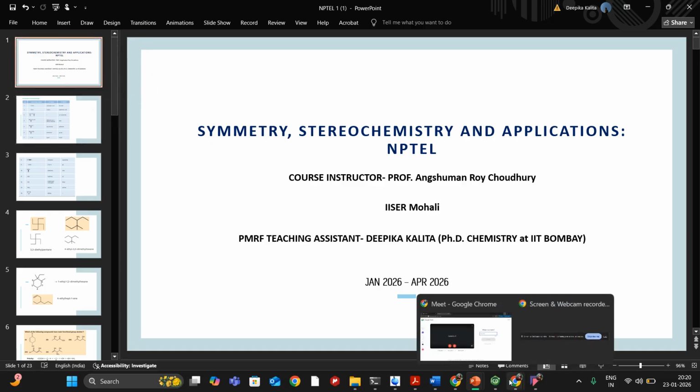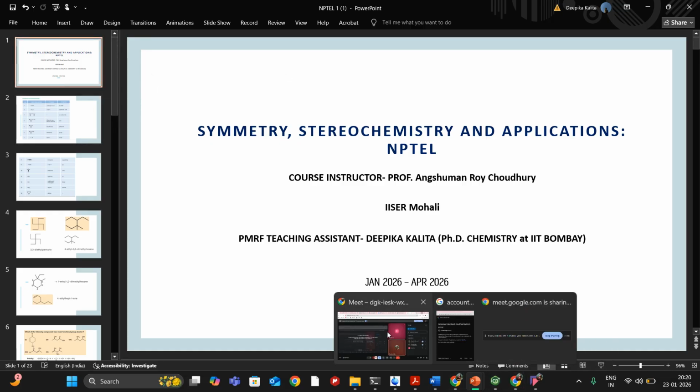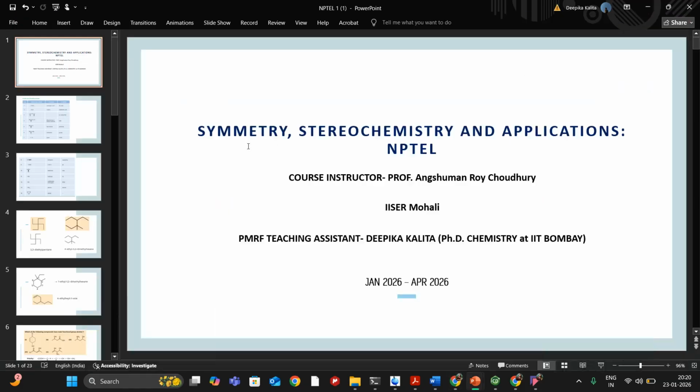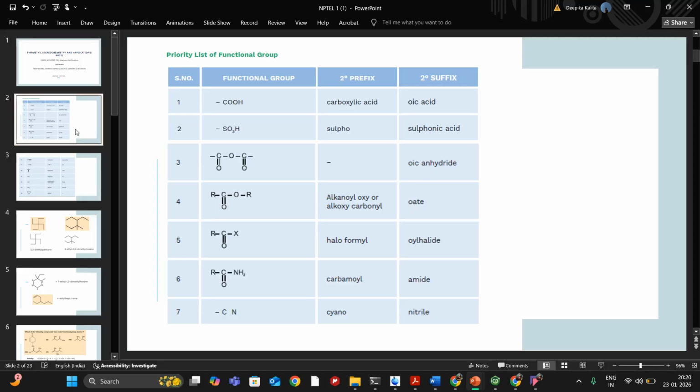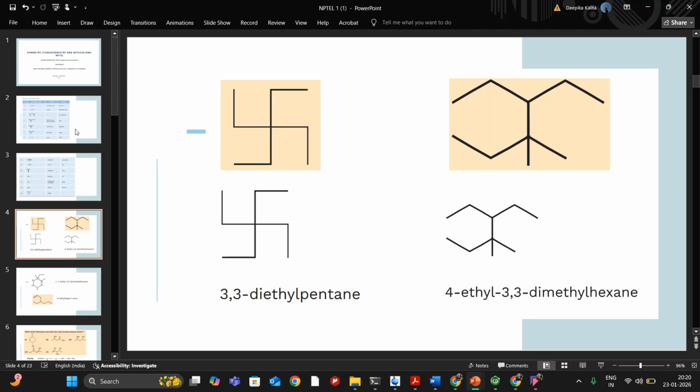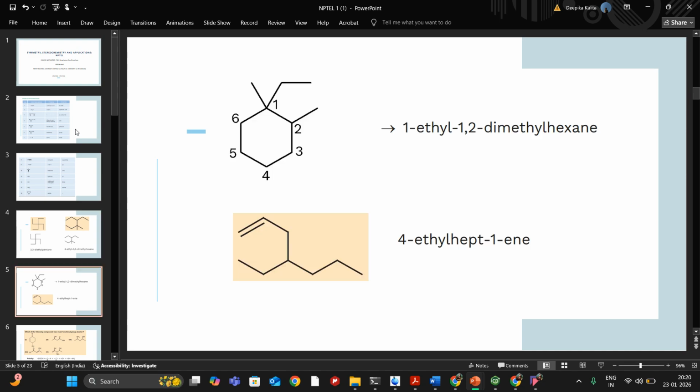Let us have a quick revision of what we solved today. We started our lecture with this priority list of functional groups, and after that we started the nomenclature problems with hydrocarbons, and then we included multiple bonds in the nomenclature.